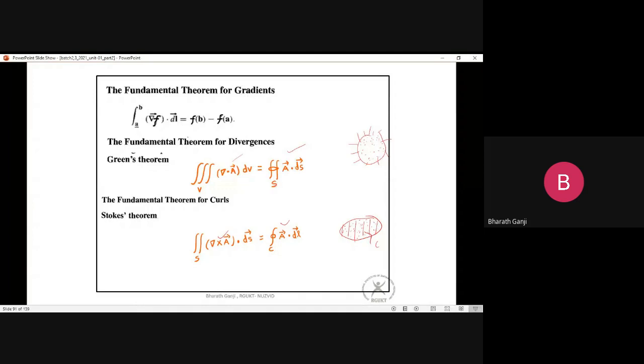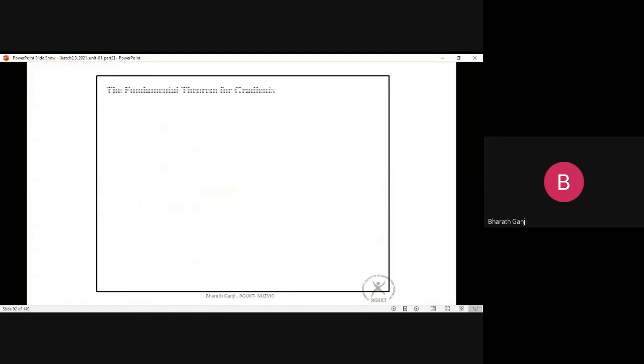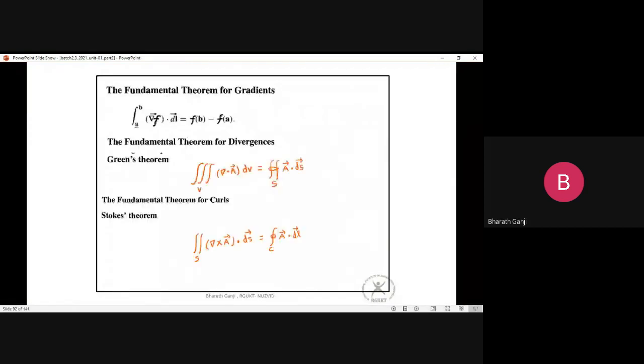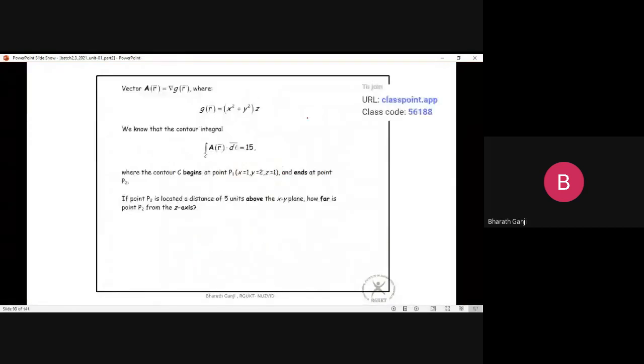So let us try to solve some problems on these kinds of theorems. Here is the first problem which I want to solve. You can post your answers through this class code 5618. You can join and post the answers. Here a vector field is given, and the vector field can be written as the gradient of some scalar function, x square plus y square times z.